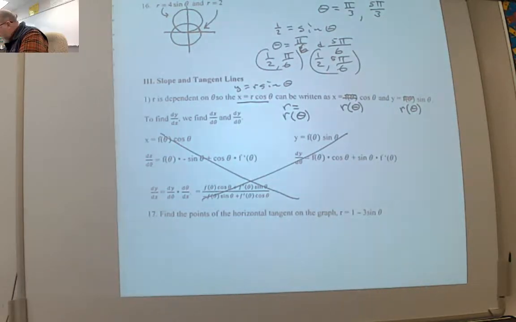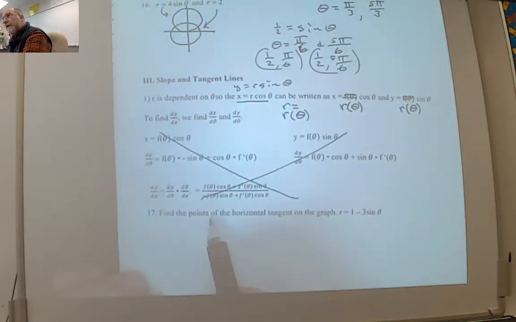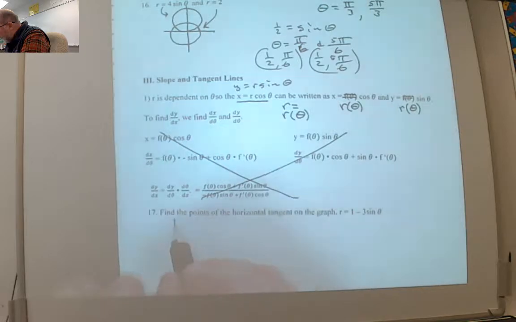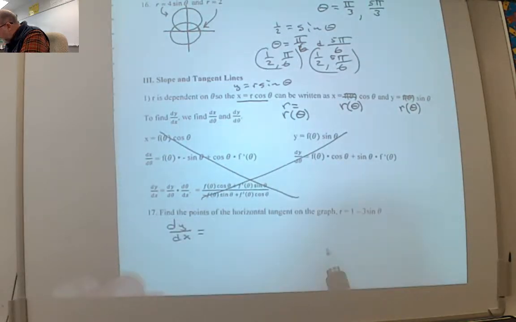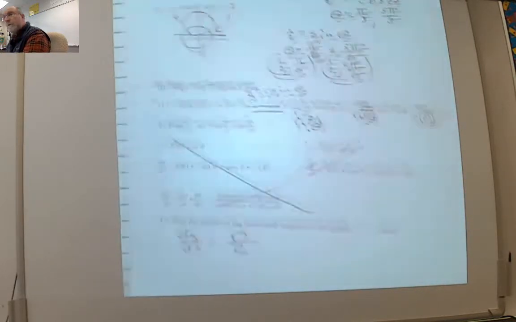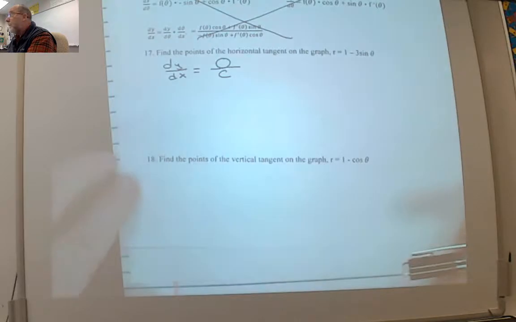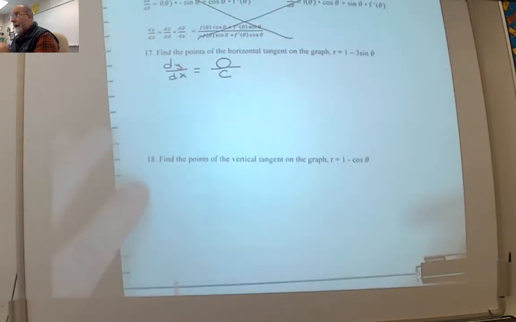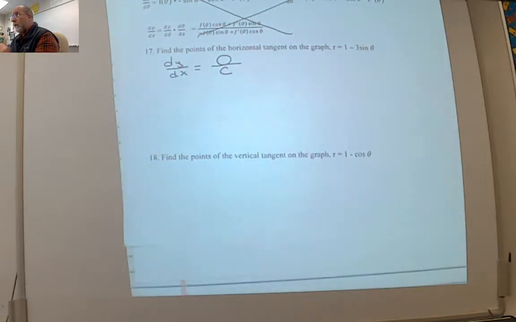So I'm going to find the points of horizontal tangent line. All right, so horizontal tangent line means I'm going to have 0 over some constant. Would you agree? That gives me a slope of 0 if I want a horizontal tangent line.